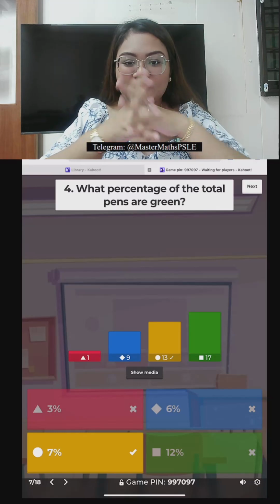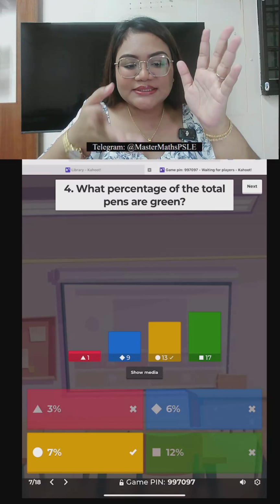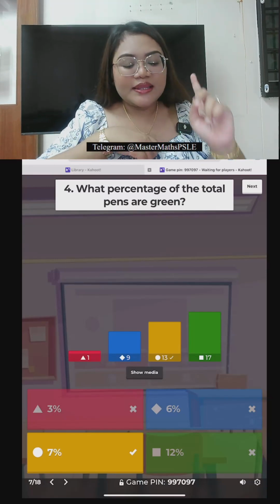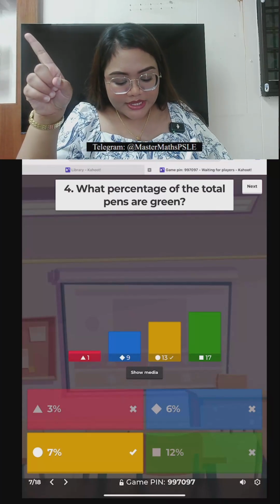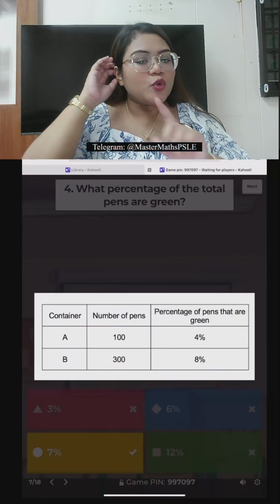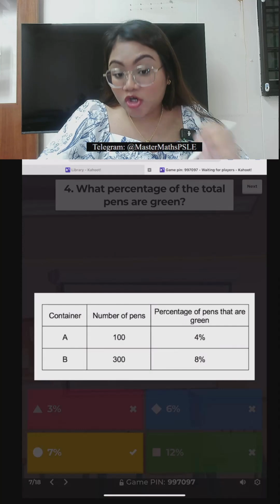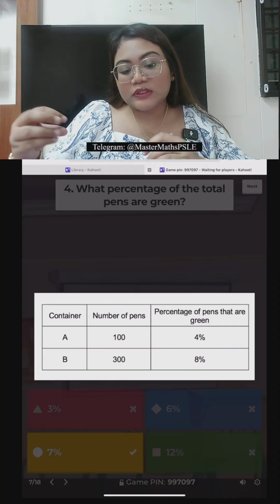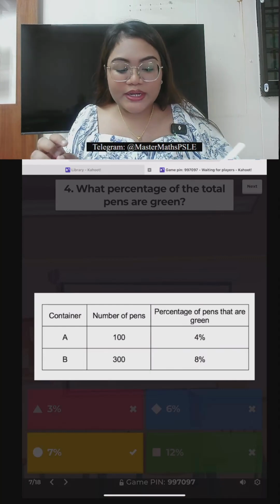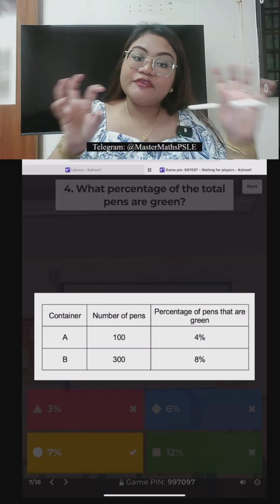Okay, so this is like a little staircase of answers. So how do we get 7% as the correct answer? Let me explain something that you cannot do first. You cannot add 4% and 8%, as I mentioned just now, because 4% and 8% have different totals. 4% is of 100, 8% is of 300.